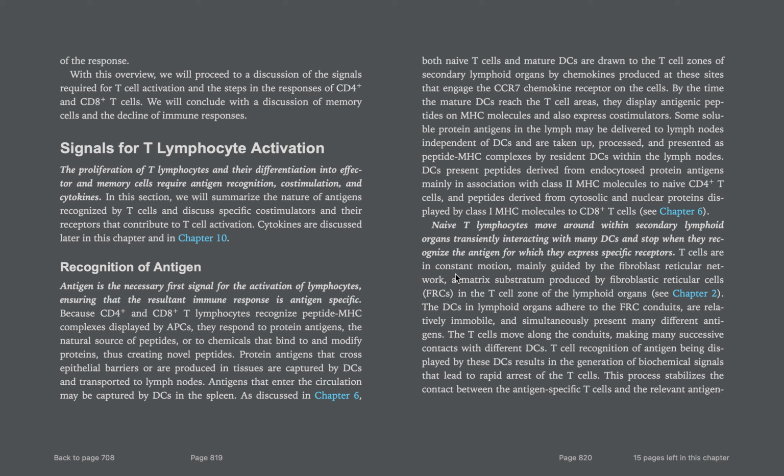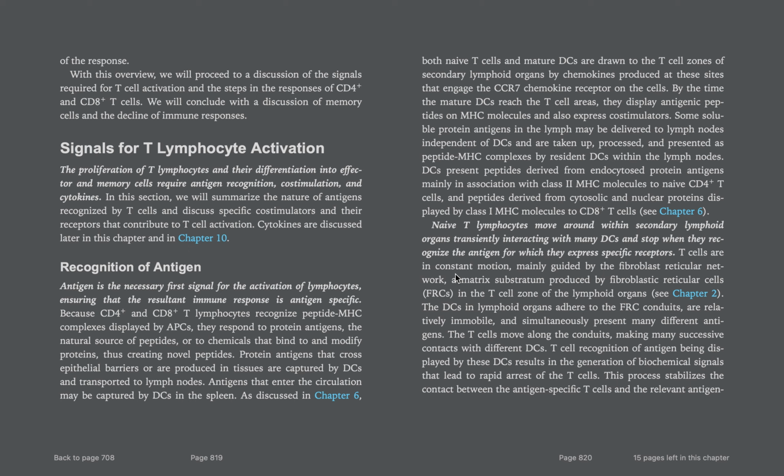Dendritic cells present peptide derived from endocytosed protein antigen mainly in association with class II MHC molecules to naive CD4+ T cells, and peptide derived from cytosolic and nuclear proteins displayed by class I MHC molecules to CD8+ T cells.